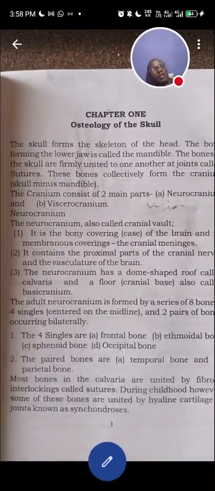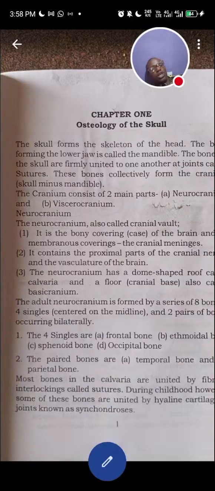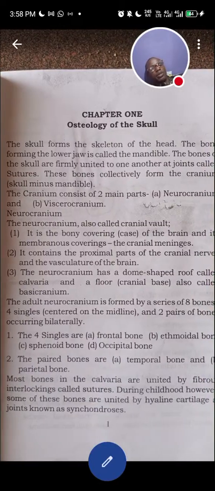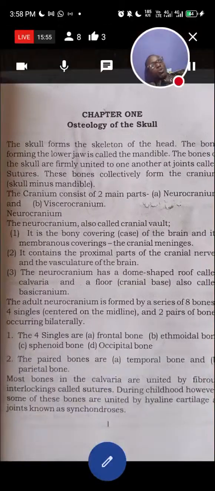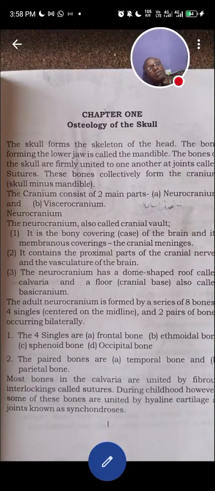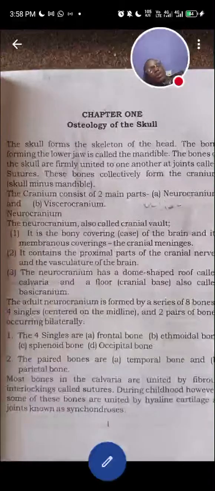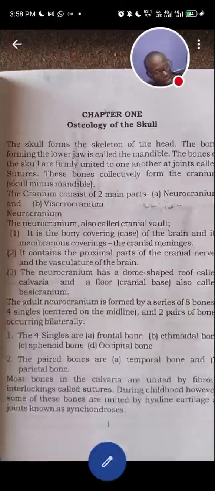Okay, the base is also called basic cranium. Not that it contains something, it's just called that; we are coming to what it contains. So we said the base is called what? Basic cranium. While the roof is called what? Calvaria, or Calvary.